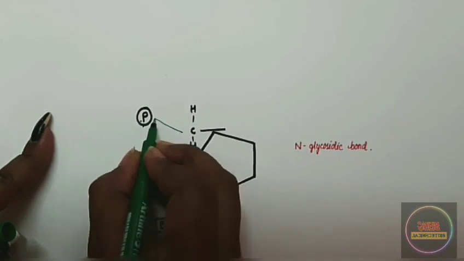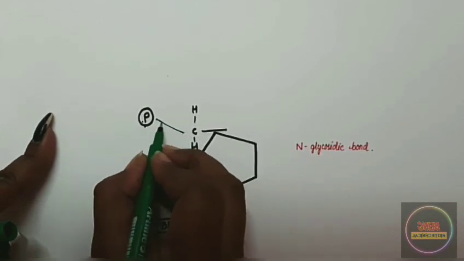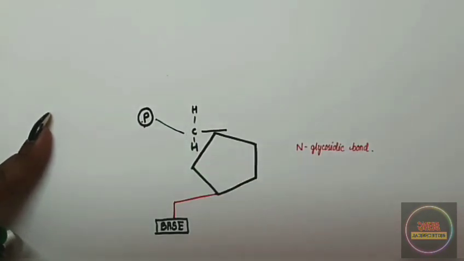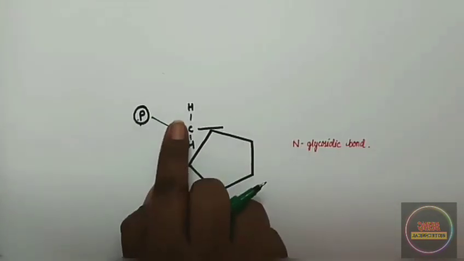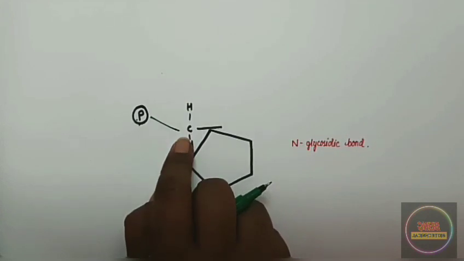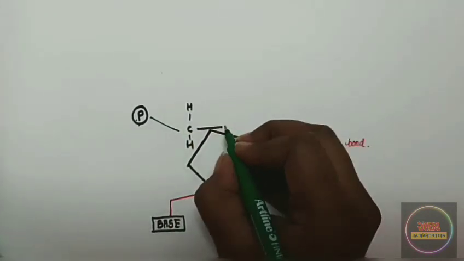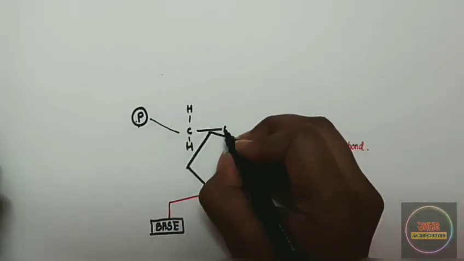The reason why it binds to the 5' carbon of the pentose sugar is that the valency of carbon is 4. And look at this carbon. It has 2 H and 1 OH attached to its structure.